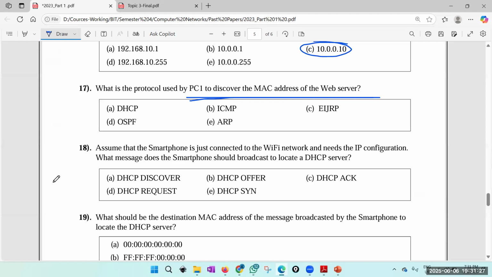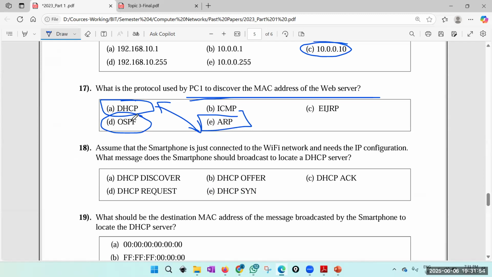OSPF is a routing protocol. Is it Address Resolution Protocol or DHCP? It should be one of these, DHCP or ARP. DHCP usually, no, sorry, not DHCP. Is it ARP?